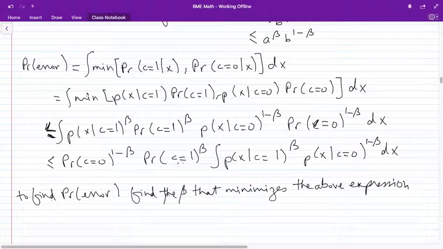You know the prior probabilities, you know the likelihoods, and by finding a beta that minimizes this, your probability of error, which is what your Bayes classifier has done, is going to be bounded by this quantity, where beta is a quantity that minimizes the above expression. And that's called Chernoff's error bound on the Bayes classifier.